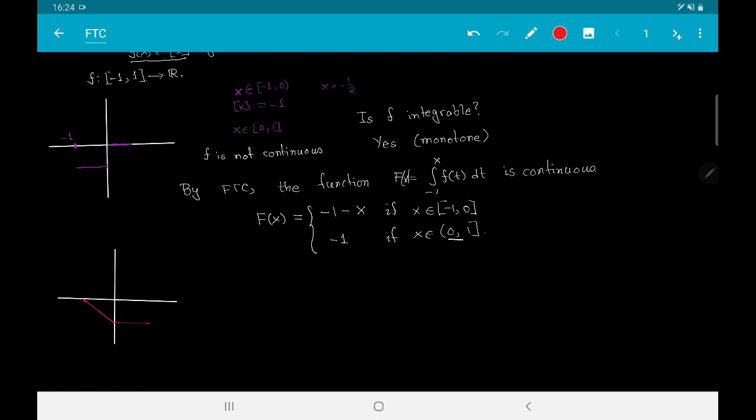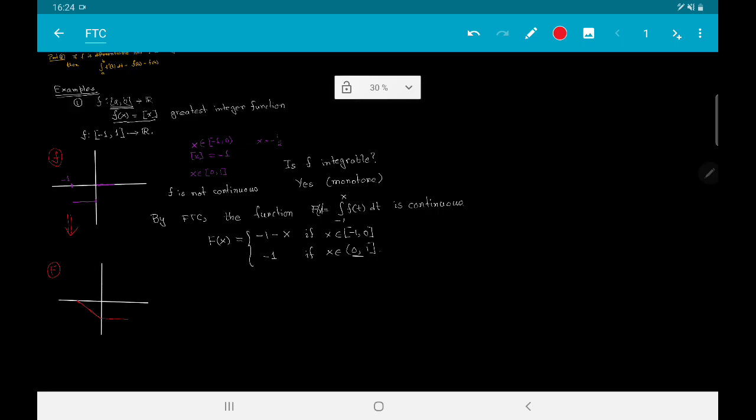In particular, we have used the fundamental theorem of calculus, not really its full force. We have just constructed this F, and we have gone from here to here. This is a continuous function, so a non-continuous function gave rise to a continuous function.